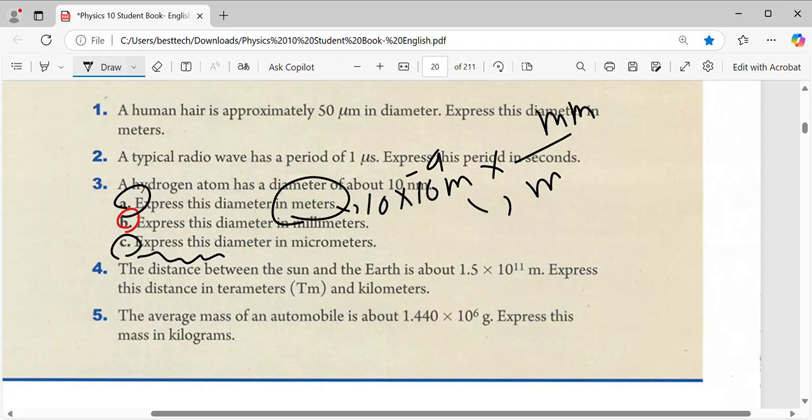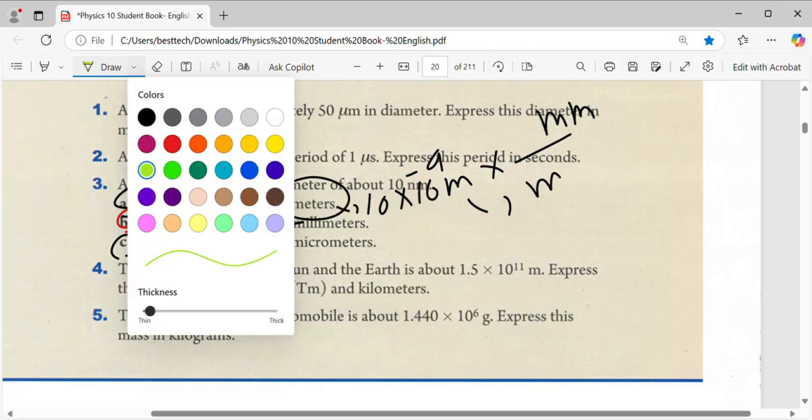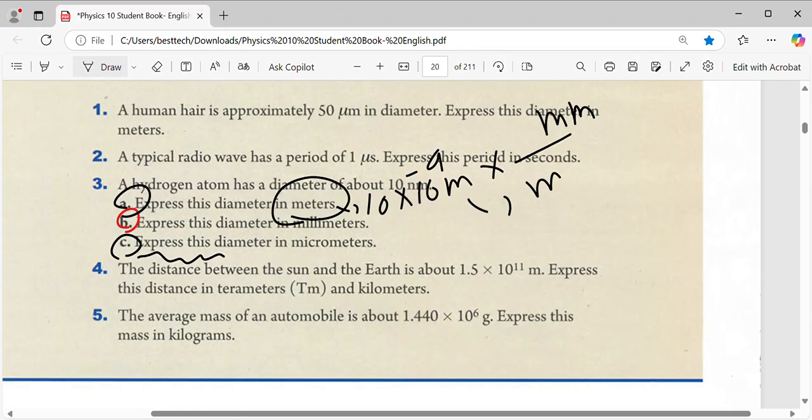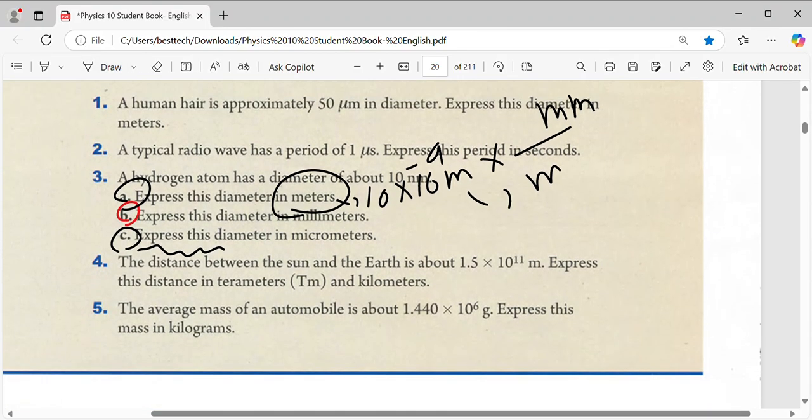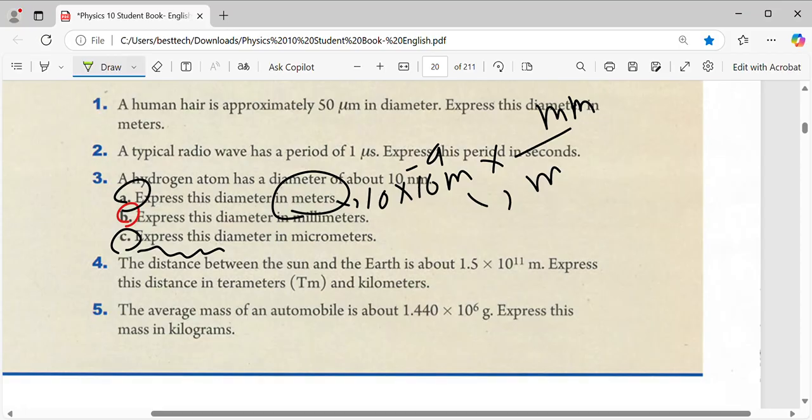Okay, guys. We know the rule between millimeter and meter: 1 millimeter equals 10 power negative 3 meter. So write the 1 millimeter up, and 10 power negative 3 meter next to the meter.